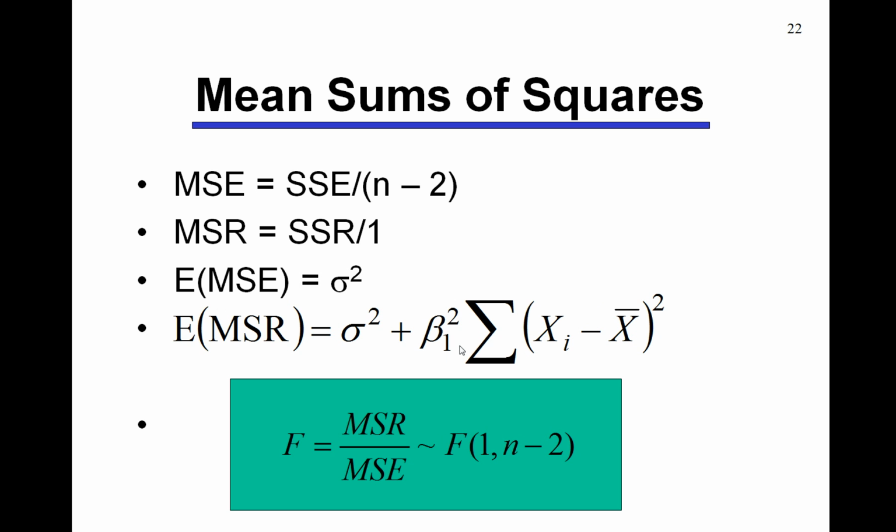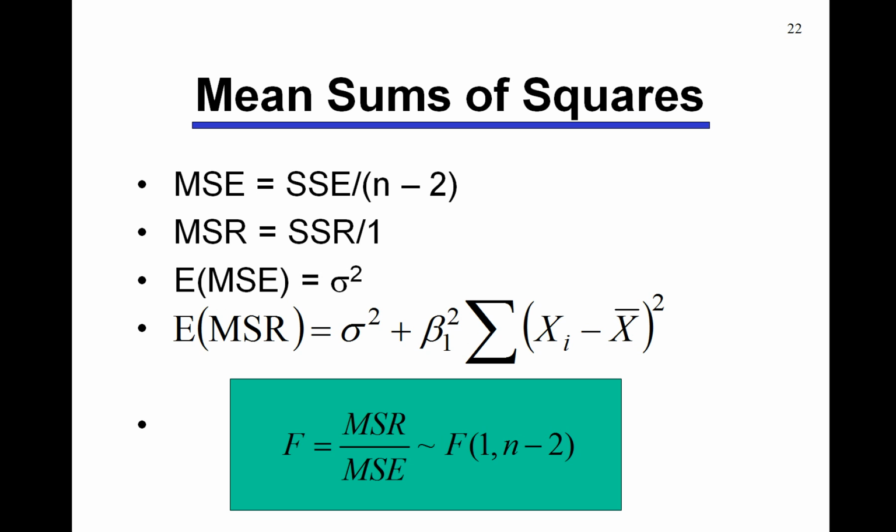And if beta 1 were 0, then the ratio of the expected value of mean squares for regression over the expected value of mean squared error, that is, this test statistic F's value, would be equal to 1. And so we have another way to test whether or not our linear regression model is significant. That is, we could take a look at the mean squares for regression over mean squared error, and if that value is close to 1, then we would most likely conclude that beta 1 is 0.